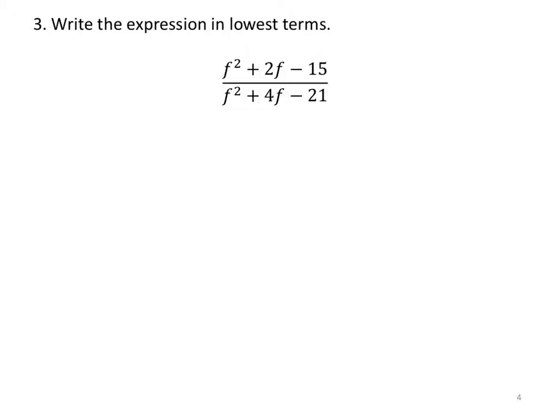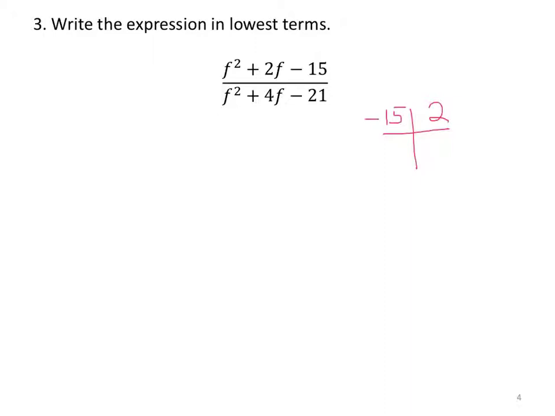The next question we ask is, is there a 1 in front of the lead term? So here, there's a 1. That means we can use reverse FOIL, and reverse FOIL is easier than grouping, or at least it takes fewer steps. So for our numerator, we have to find 2 numbers that multiply to -15 and add to 2. 15 has 5 and 3, and it has 15 and 1.